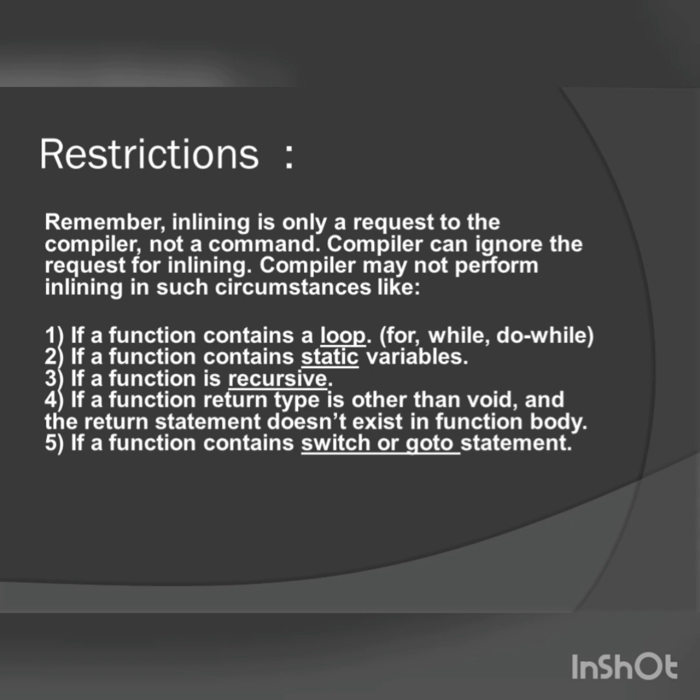The compiler may not perform inlining in such circumstances: if a function contains a loop, if a function contains a static variable, if a function is recursive, if a function's return type is other than void and the return statement doesn't exist in the function body, if a function contains a switch or goto statement. In all the above cases, the compiler will decline inlining the function.